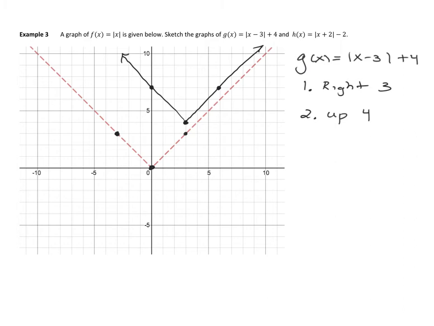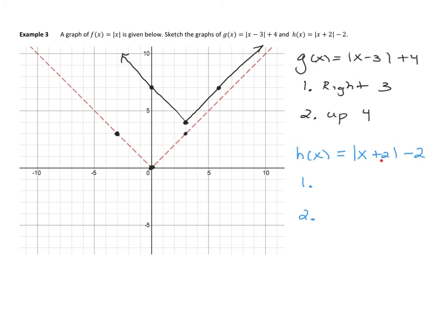Well, what about the function h of x, which is the absolute value of x plus 2, then minus 2? Again, there are two differences. The order in which they happen is you work with inside a function or parentheses first, and then you would subtract. So the first change is coming from this plus 2.